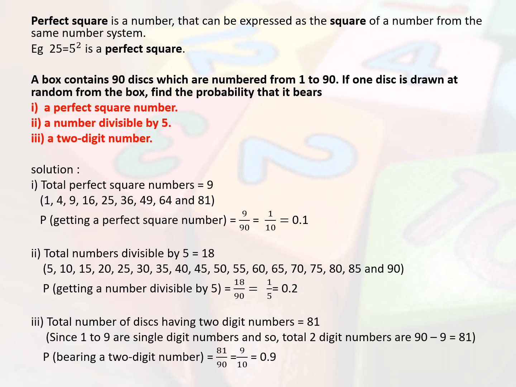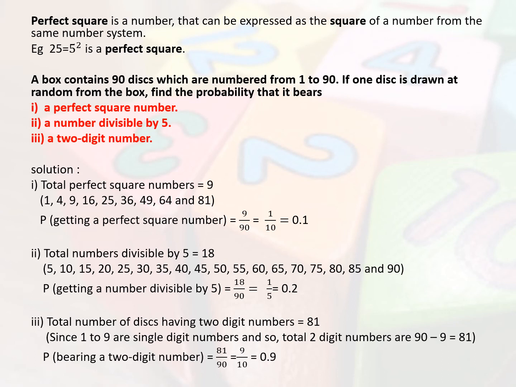Next we have to check for the total numbers which are divisible by 5. So you just write down the table of 5: 5, 10, 15, 20, 25 and up to 90 we can mention, which are coming 18 in number. So the probability for getting a number divisible by 5 is equal to 18 upon 90, which will give you 0.2. Last is a 2-digit number.